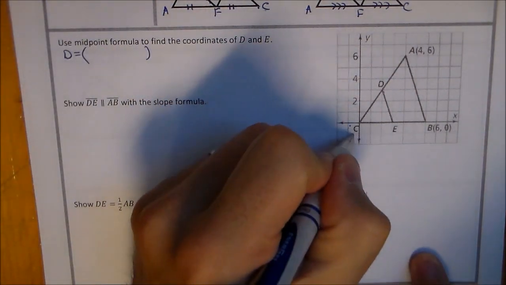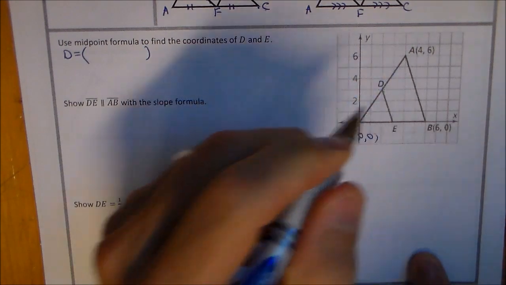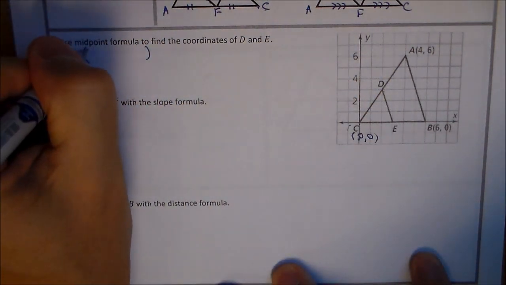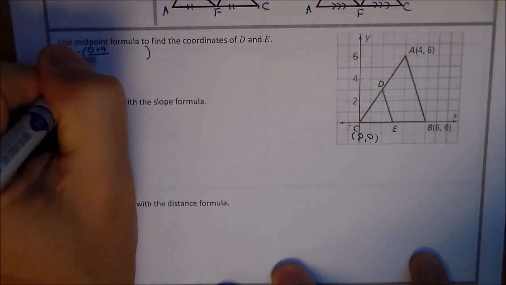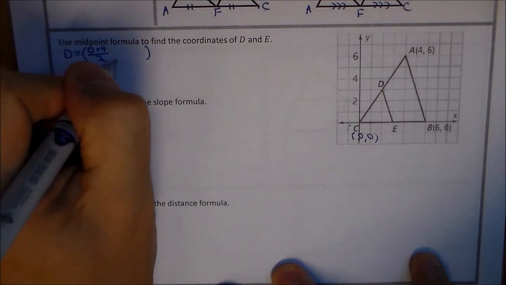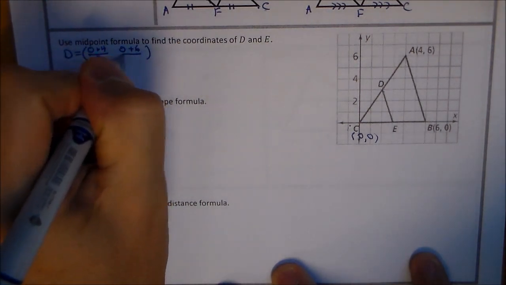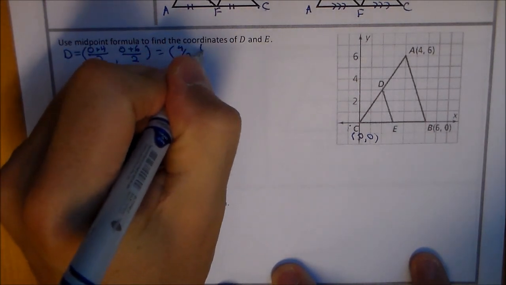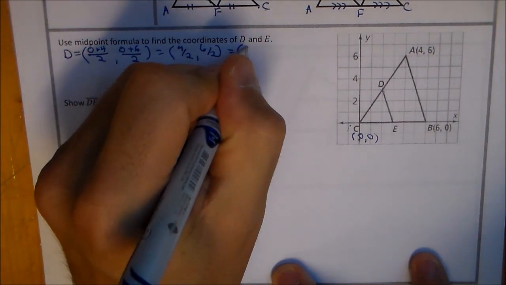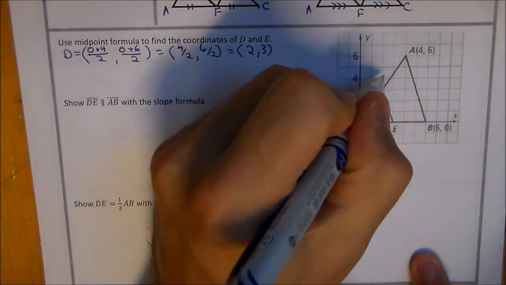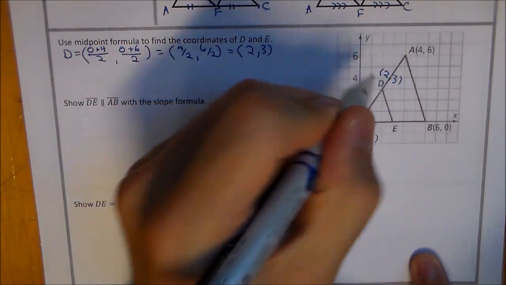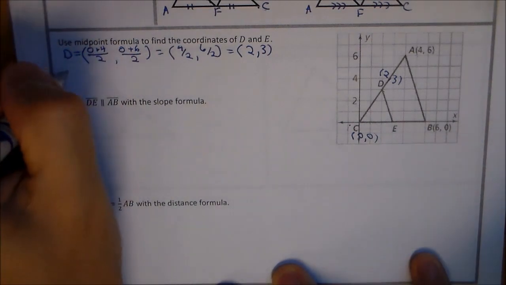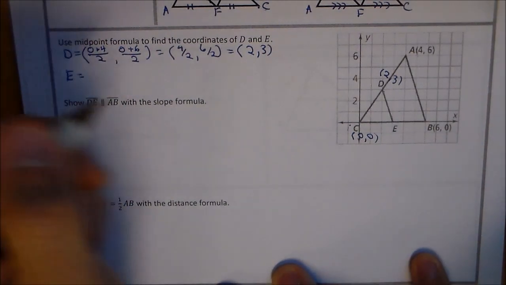The midpoint formula means if I have C at 0, 0, and A at 4, 6, I'm going to go 0 plus 4, because it's the average of the x values, and 0 plus 6, because it's the average of the y values. That gives me 4 over 2, 6 over 2, which is the coordinate 2, 3. And if I look on the graph, that does seem to be where D is. It's at 2, 3.